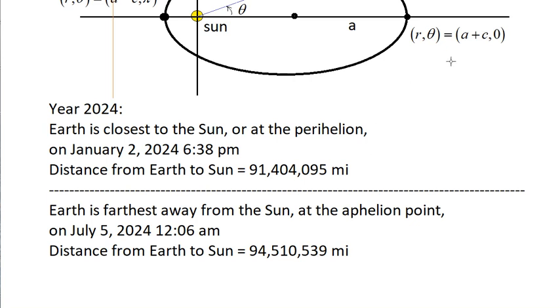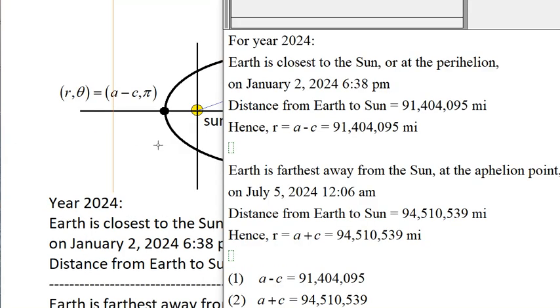So let's find A and C. So we have A minus C is equal to 91,404,095. And then we have A plus C is 94,510,539.